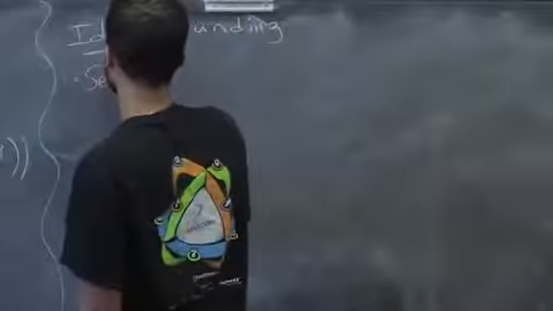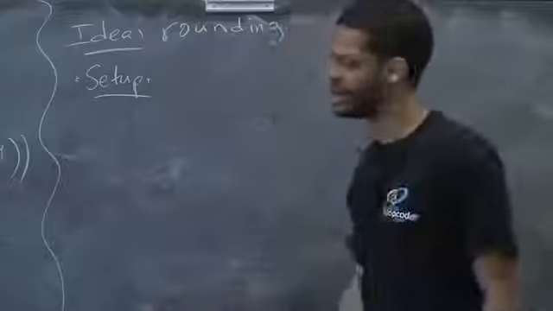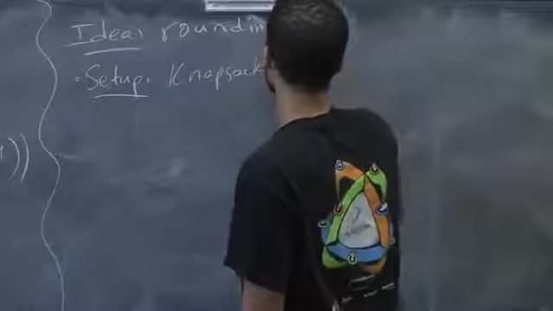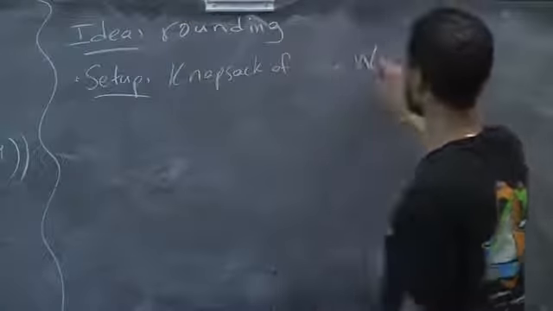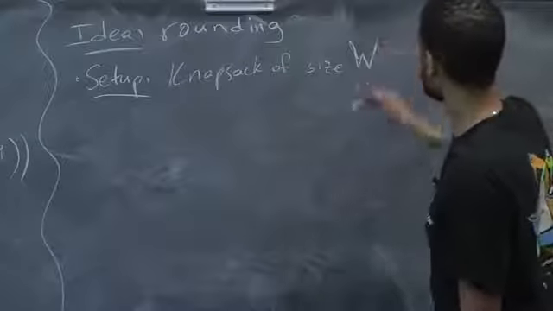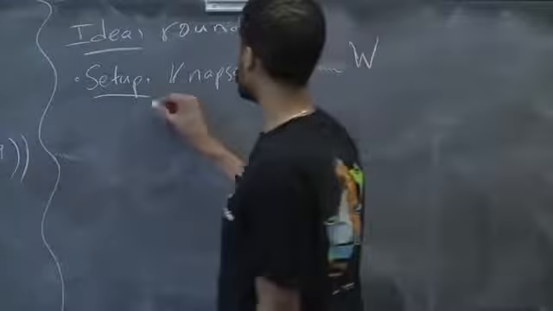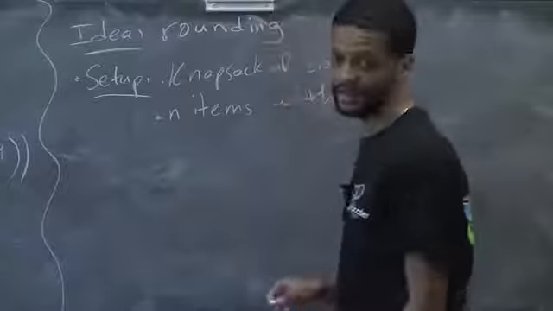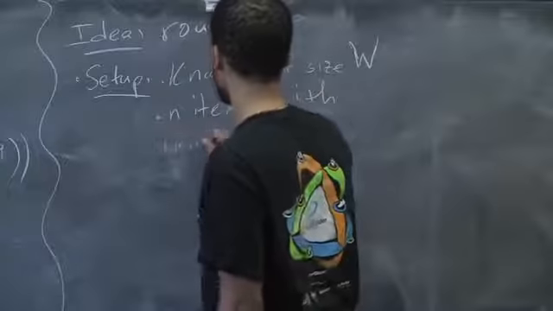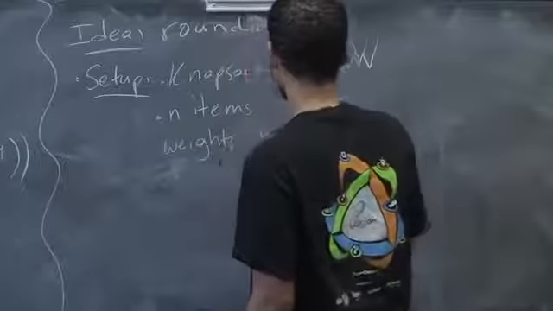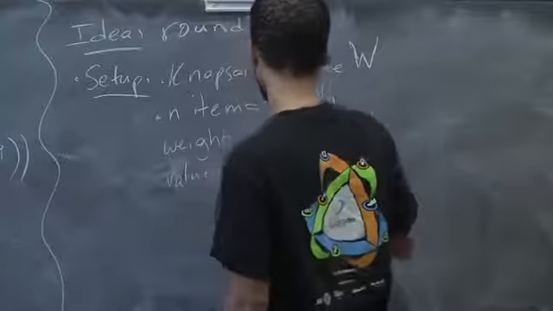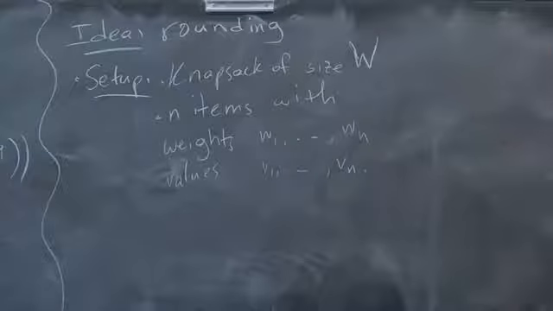Remember the setup: we have n items and a knapsack of size capital W. The items have weights w1 up to wn and values v1 up to vn, and the goal is to pack this knapsack.